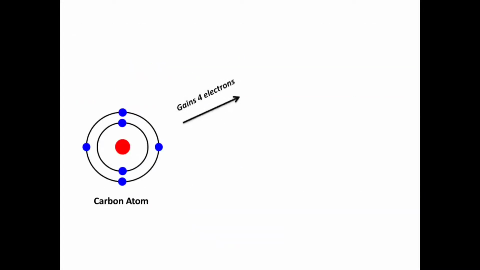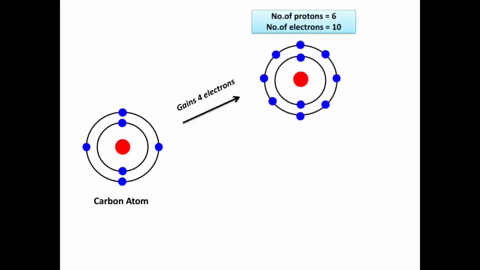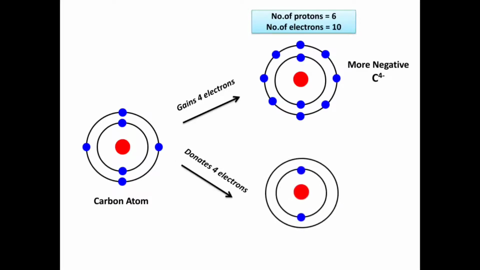When carbon atom gains 4 electrons, the electron count increases from 6 to 10, and the number of negative charges is greater than the number of positive charges. Due to this, the carbon atom becomes more negative. On the other hand, when carbon atom donates 4 electrons, the electron count decreases to 2.